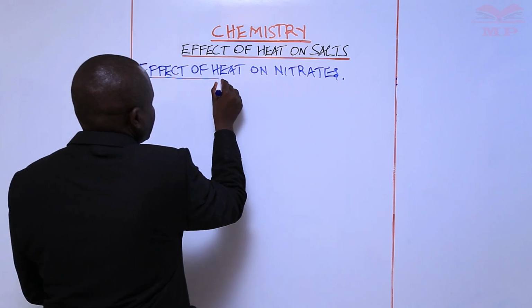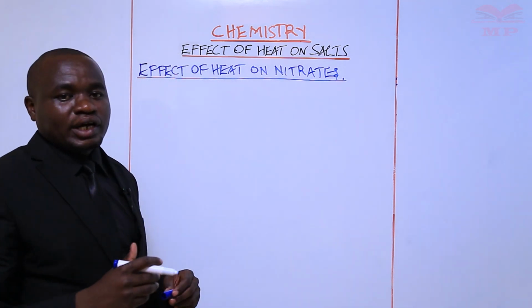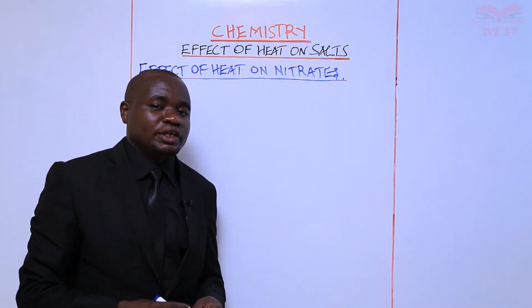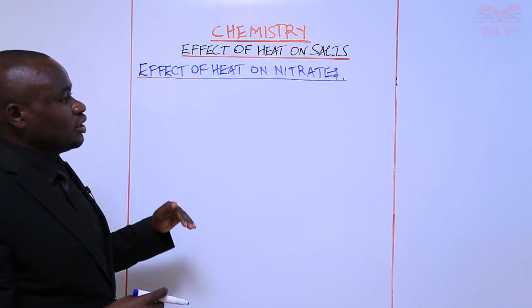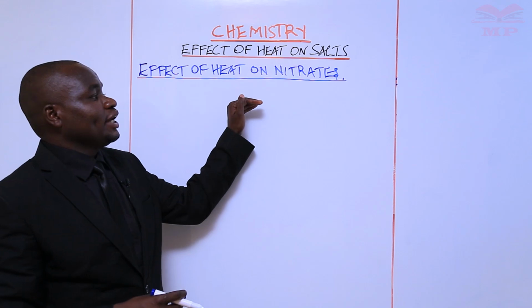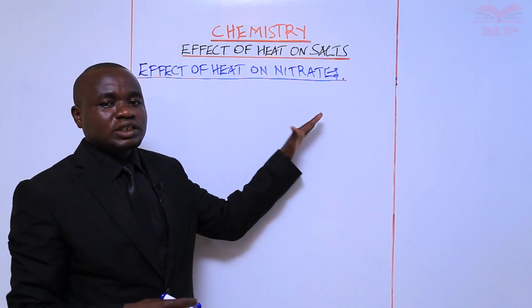So the products of heating nitrates generally depend on the position of the nitrate in the reactivity series. Nitrates of the more reactive elements like sodium and potassium will produce different products.